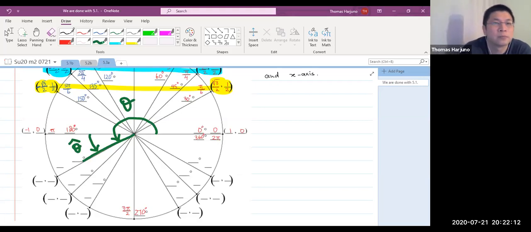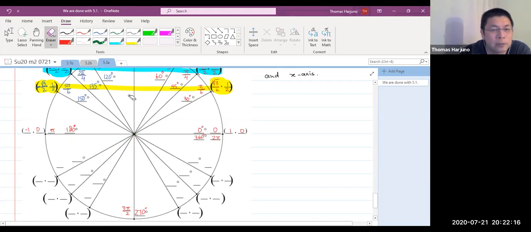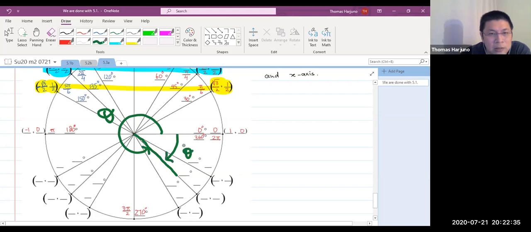Okay. Let's do one more, to help us visualize that. Let's say we talk about this side here. Now the angle in standard position is this. However, the reference angle is this. That's the reference angle.